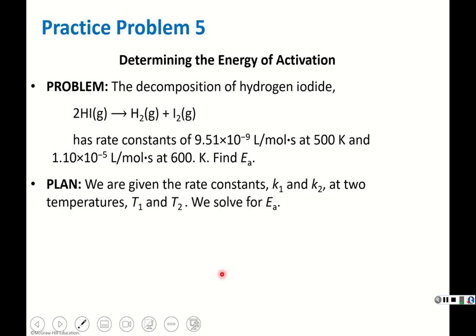Okay, so let's try our final practice problem using the Arrhenius equation. We have the decomposition of hydrogen iodide shown here. It has rate constants of 9.51 times 10 to the 9th liters per mole second at 500 Kelvin, and 1.1 times 10 to the minus 5 liters per mole second at 600 Kelvin.